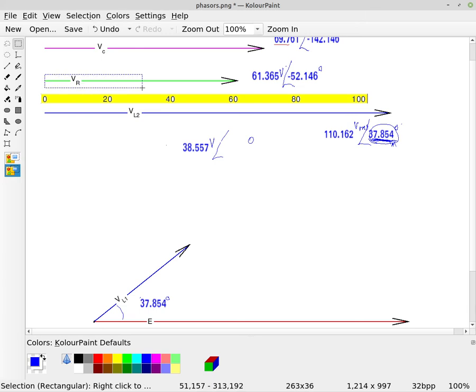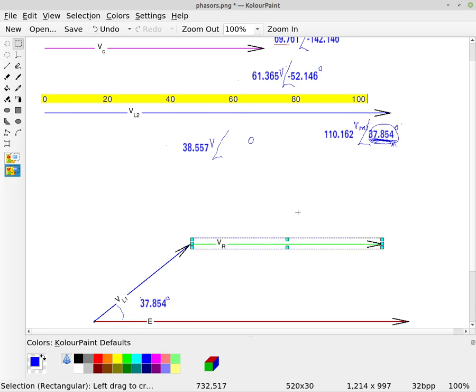Okay, again, it doesn't matter which one you do next, but I'm going to grab the voltage across the resistor next. Now the voltage across the resistor is always in phase, so that's actually just going to go straight across like this.